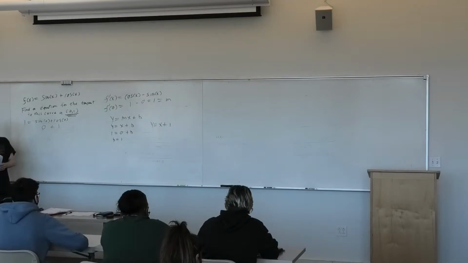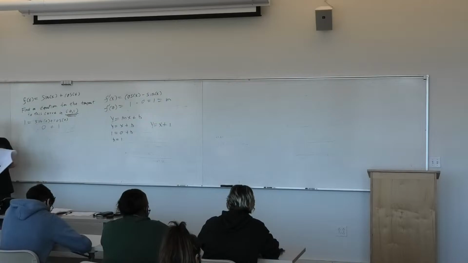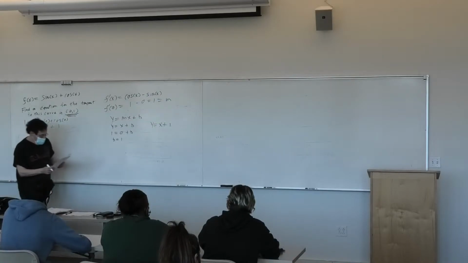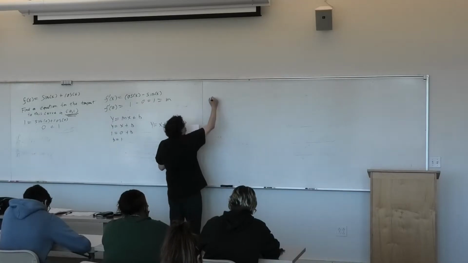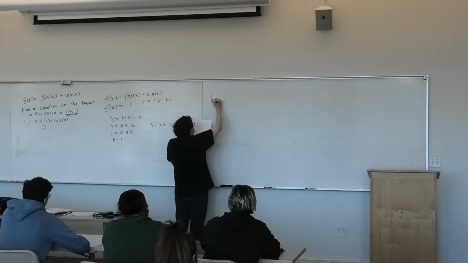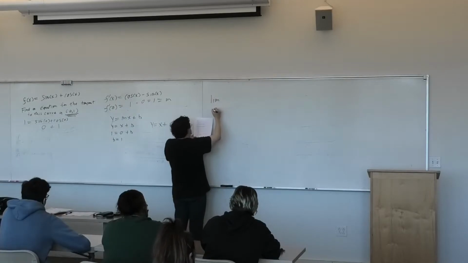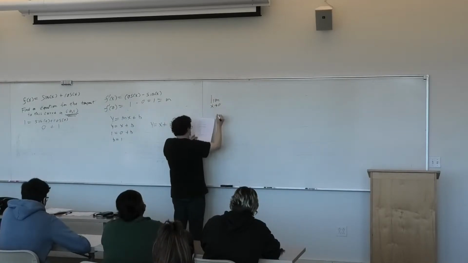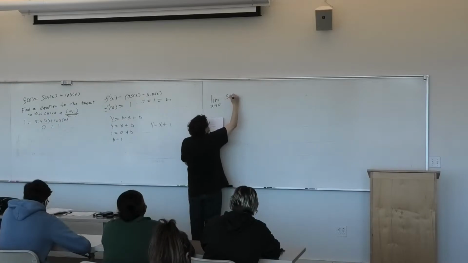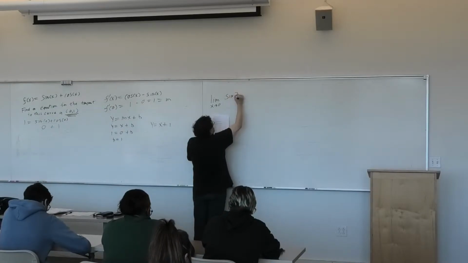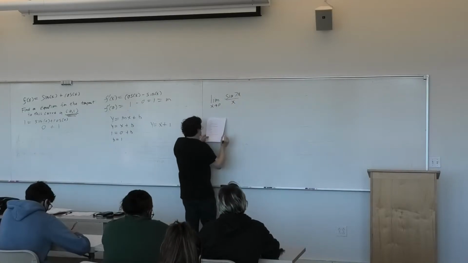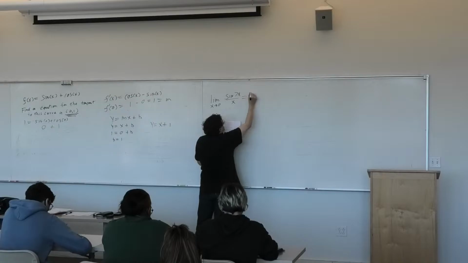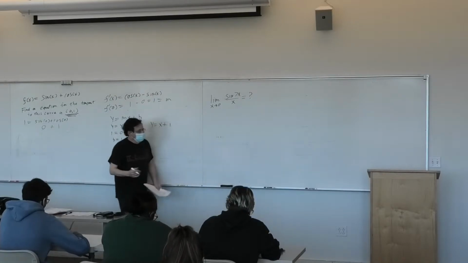All right. The next problem I want to show you has a trick to it that maybe you haven't seen. And it amounts to just remembering this trick. The problem is, what is the limit as x goes to 0 of sine of 7x over x?